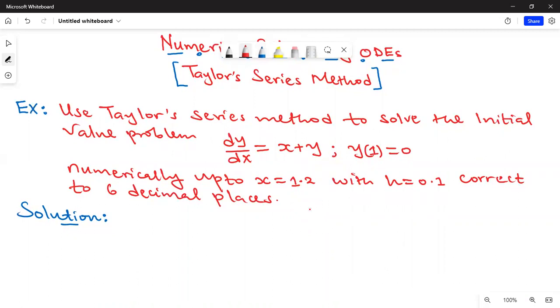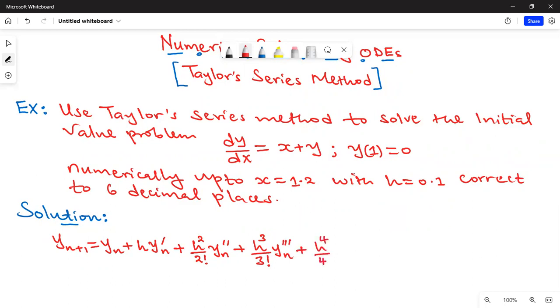And the general formula for the Taylor series method is that y_{n+1} = y_n + h y_n' + h²/2! y_n'' + h³/3! y_n''' + h⁴/4! y_n'''' plus so many other terms up to infinity.